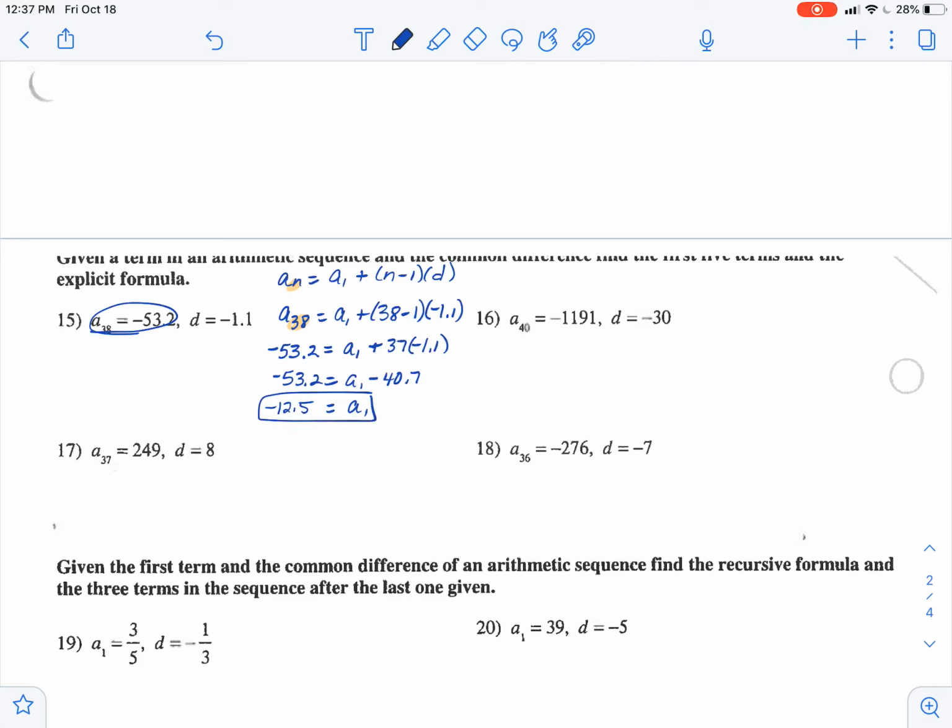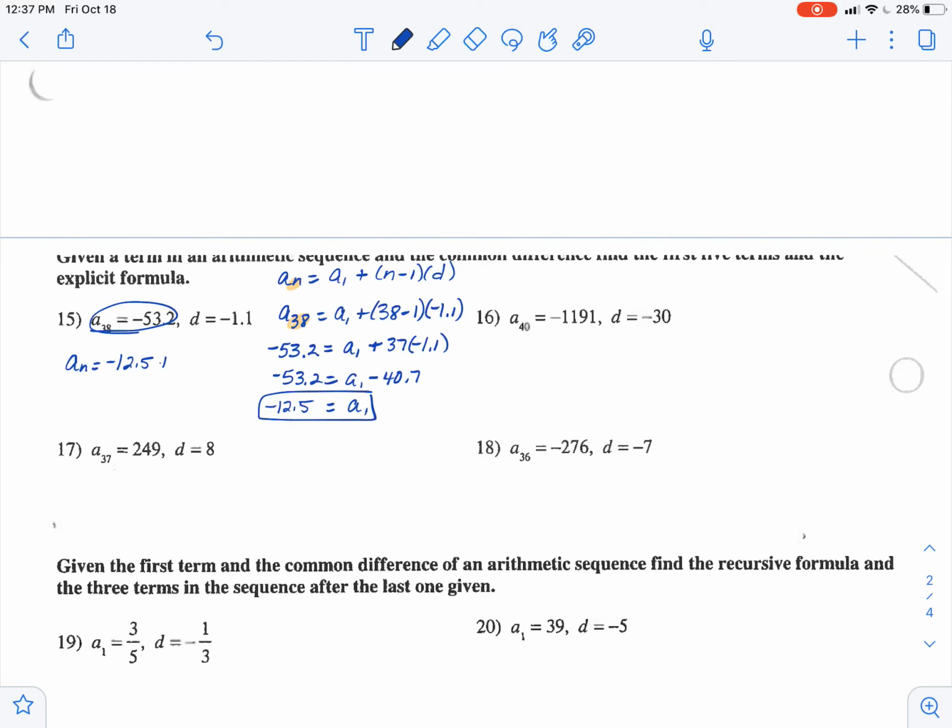So my a sub 1 is negative 12.5. What I can do now is go ahead and finish out my formula that I had earlier. So a sub n equals my a sub 1, I just found that, okay, plus n minus 1 times my difference, which is the negative 1.1, okay?